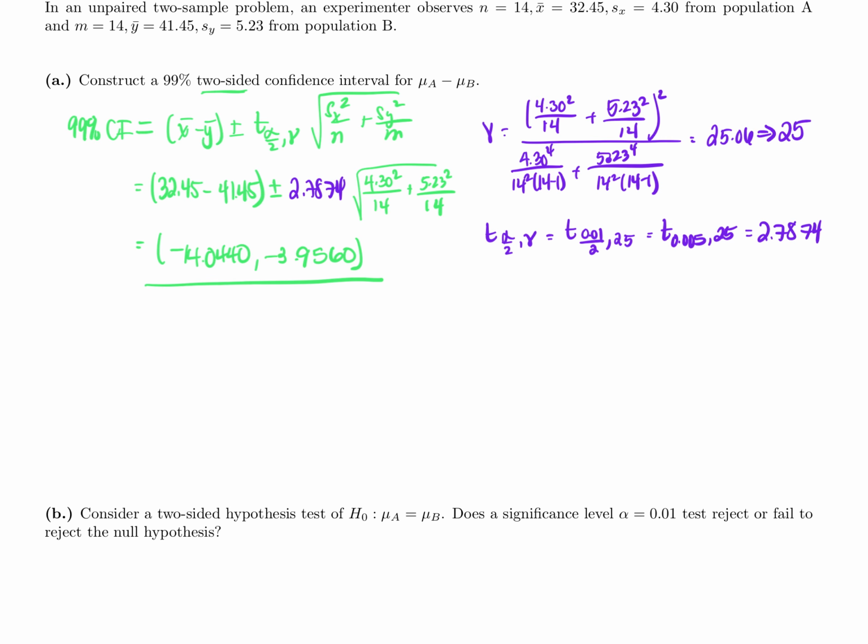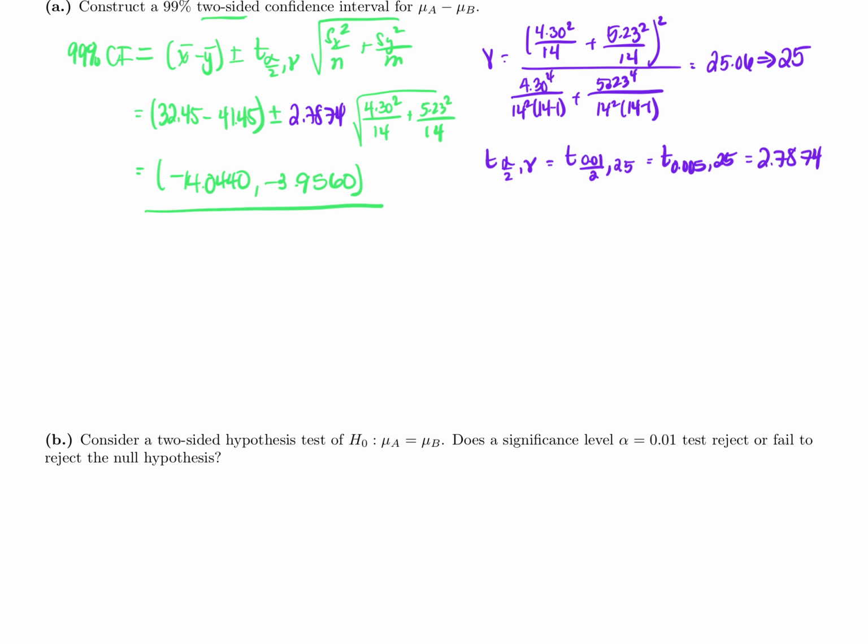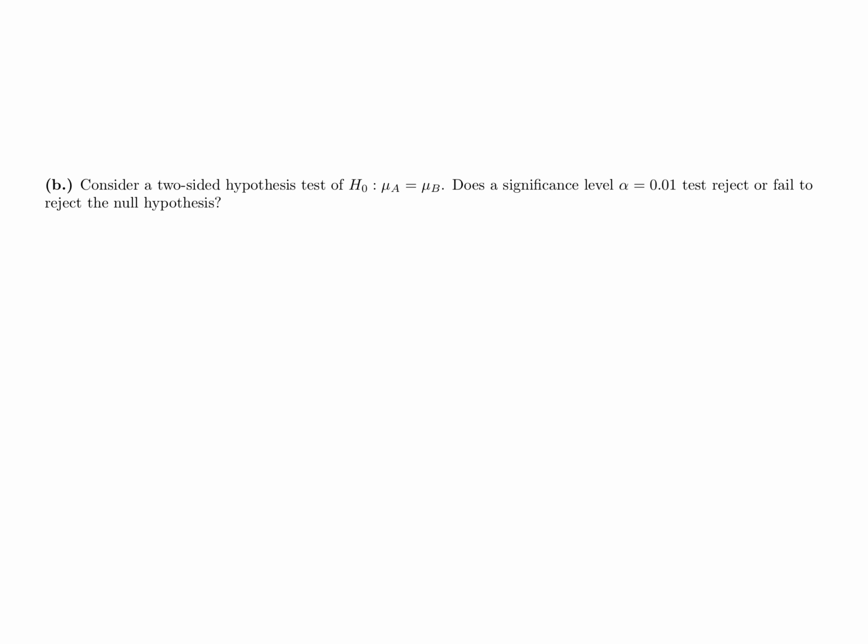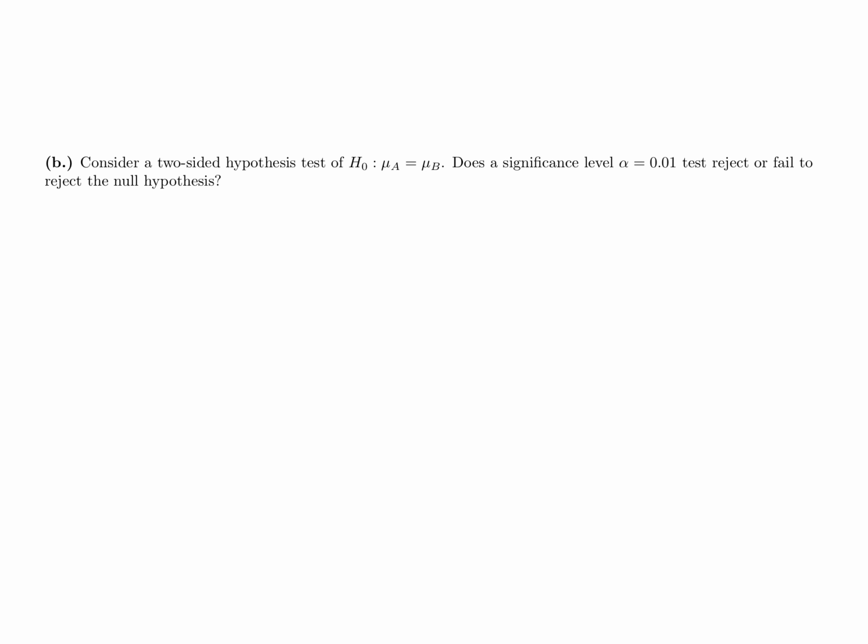So let's see what we've got. B says consider the two-sided hypothesis test for null being that mu A is equal to mu B. Two-sided implies that our alternative is that they are not equal. Does the significance level alpha equals 0.01 test reject or fail to reject the null hypothesis? Well, let's find out.